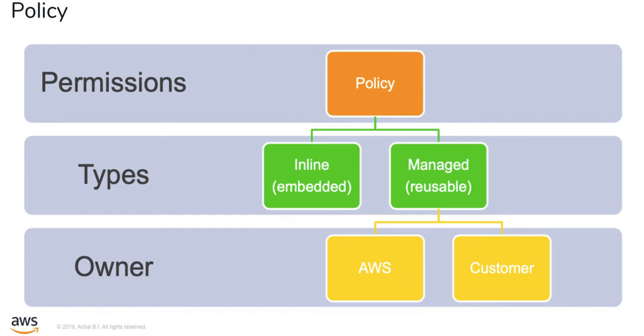So policy has two different kinds. One is inline policy, the other is managed policy. Inline policies are embedded to the particular entity or user, you know, an IAM entity, you could say. Managed policies are reusable in nature and they are managed by AWS.